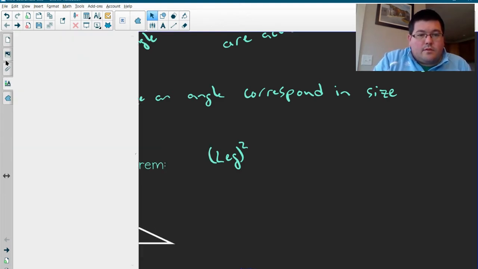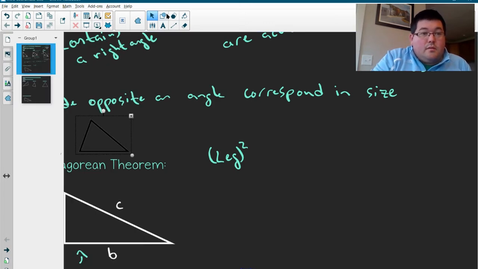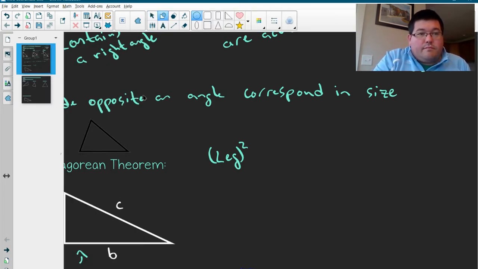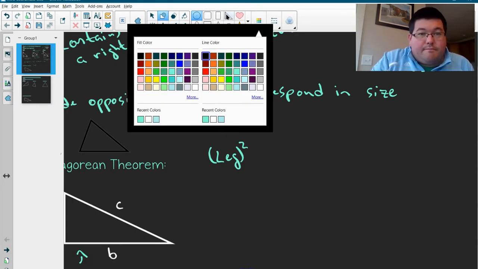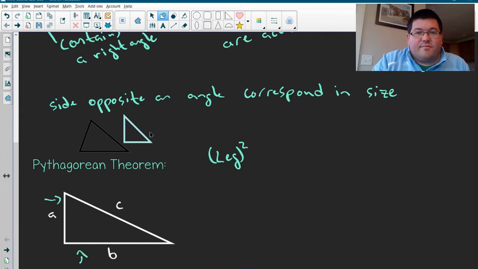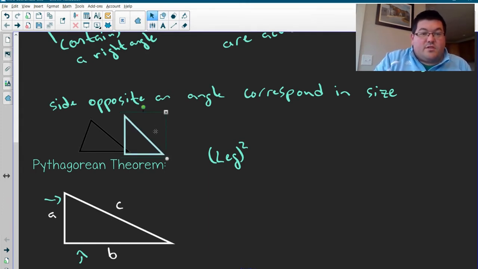How do I color this? Maybe it's over here. Okay, no idea how to change the color on this, so I guess we'll try a different one. Guess technology isn't as magical as I'd hoped. All right, there we go. There's one that we can see.